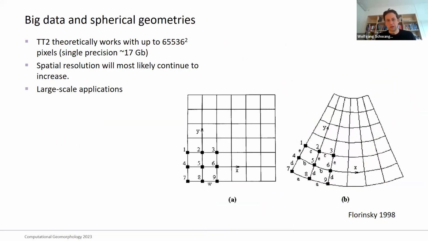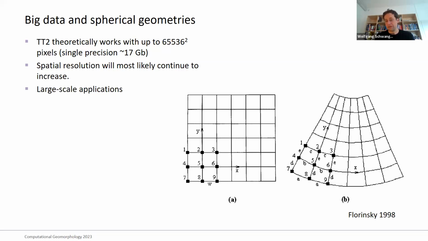Finally, I'm not going to talk about that a lot, but it was mentioned before: big data and spherical geometries. We need to keep up with the main trends, and what we see definitely is an increase in spatial resolution and an increase in memory requirements.